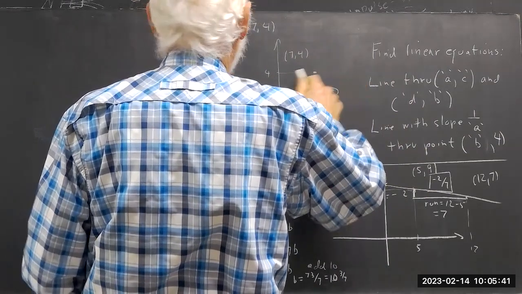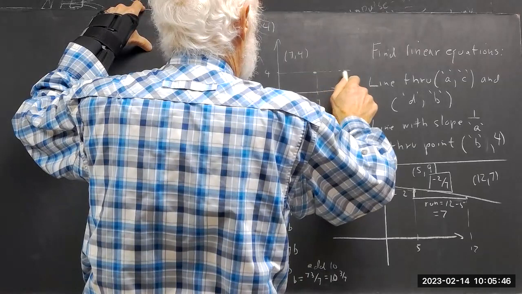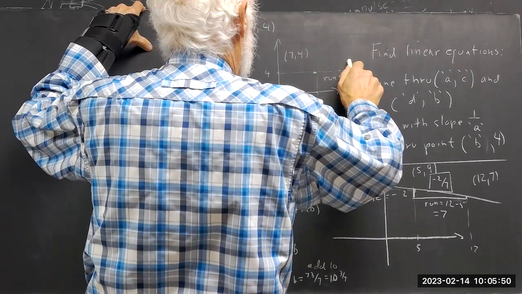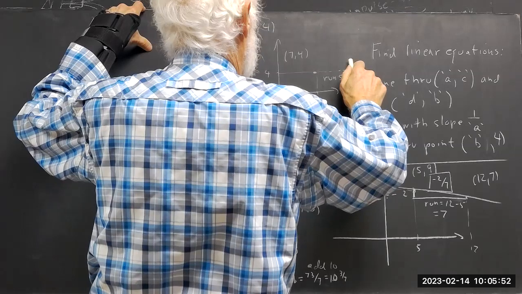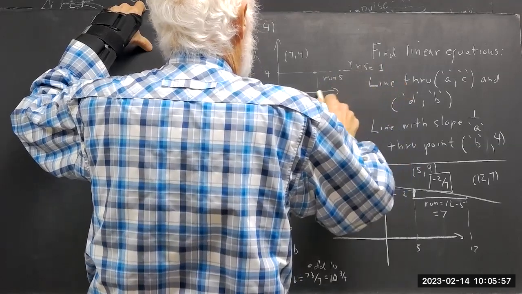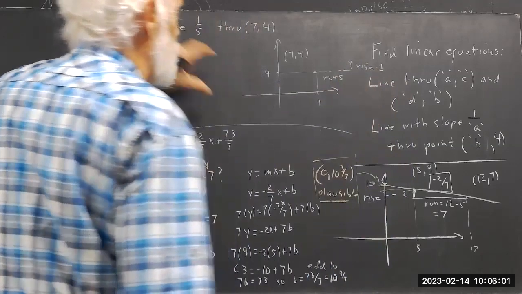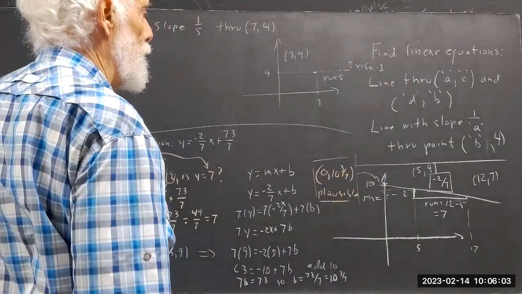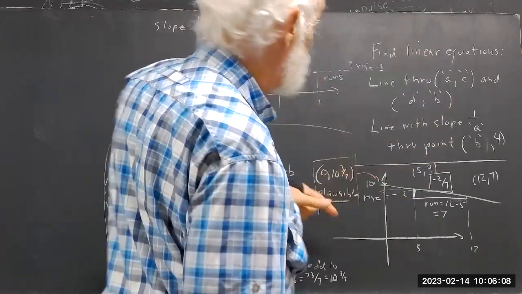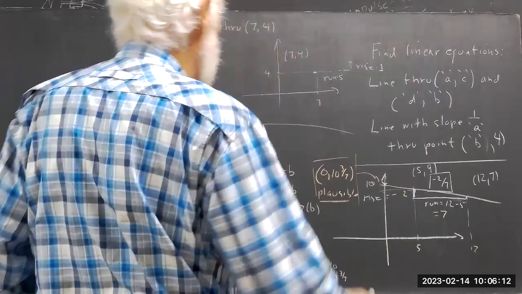And we should understand that the slope of 1/5 could use a run of 5 and a rise of 1, or a run of 10 and a rise of 2. Any rise and run that gives me 1/5. I can sketch a graph that way.